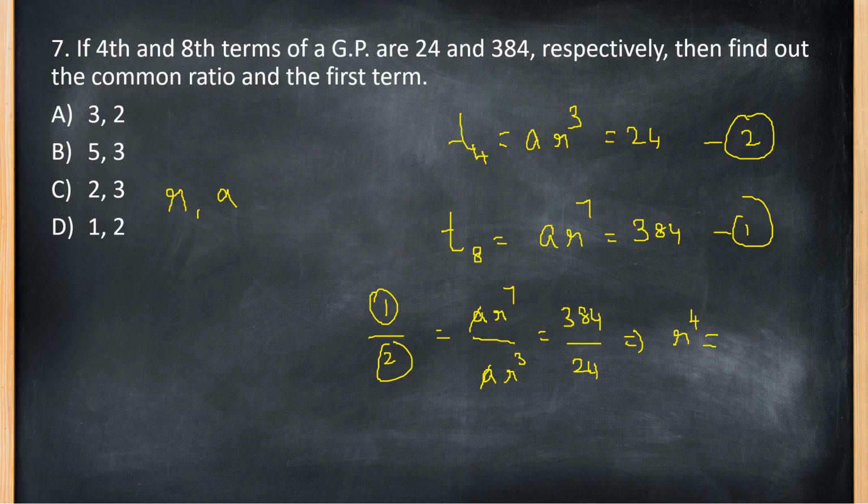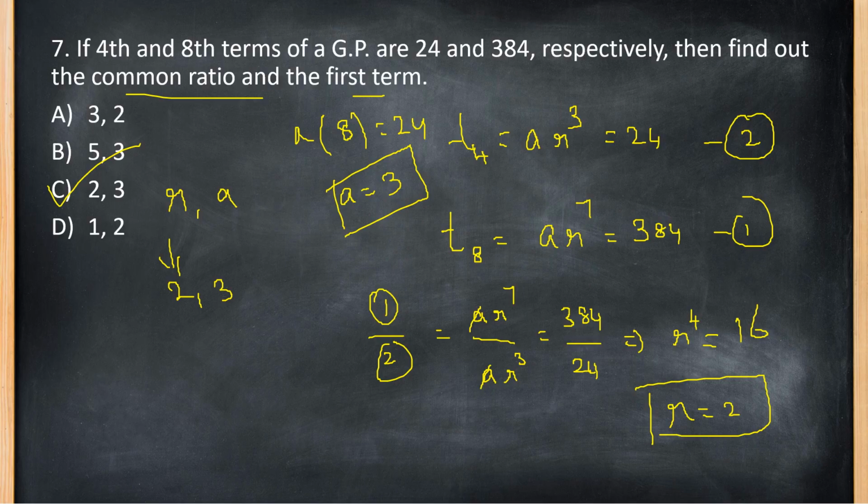R power 4 gives me 384 by 24, which is 16. So we got r power 4 as 16 and the value of r as 2.